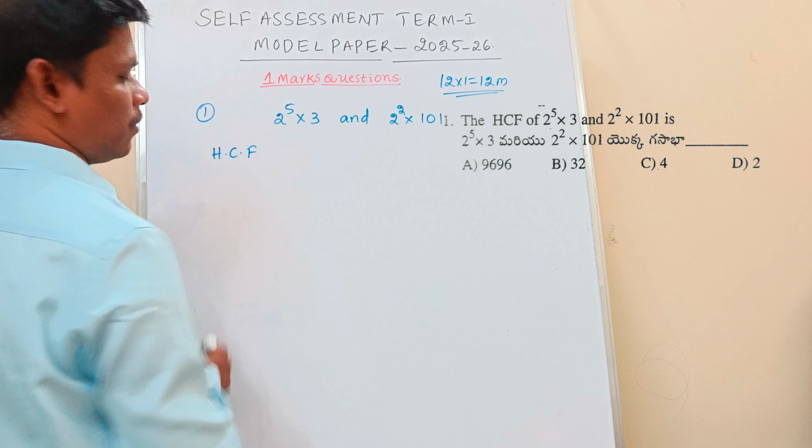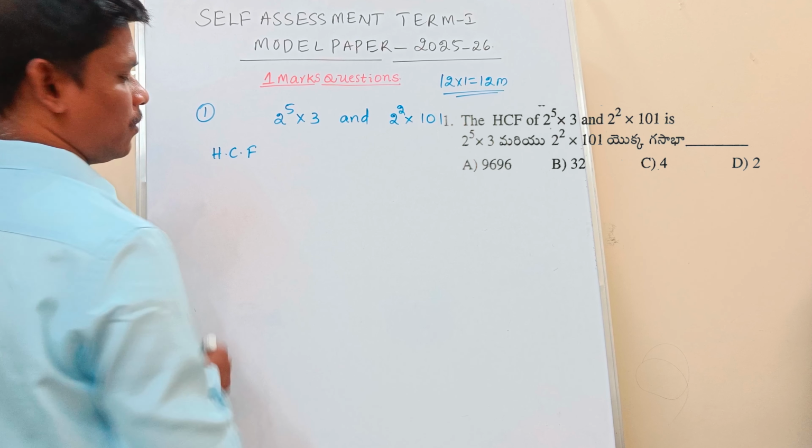Here the powers are 5 and 2, so the smallest power is 2. So HCF is equal to the common prime factor 2 with the smallest power 2, so 2 square is equal to 4. So the HCF of these two numbers is 4. So in the options, it is option C.